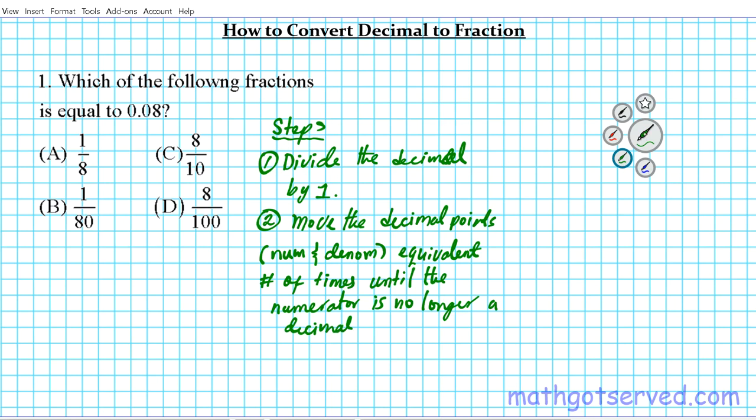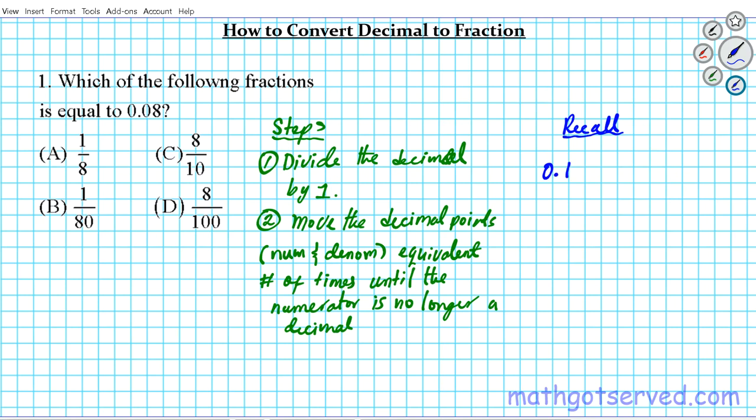So let's say we have 0.1, for example. Now, one thing you also have to remember for the Accuplacer is you need to know how to change from fraction to decimal to percent. Okay? So let's say you have 0.1 and you want to convert 0.1 into fractions.